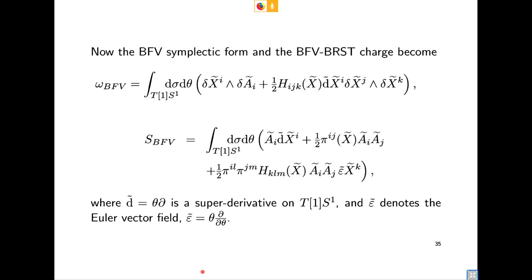Maybe the AKSZ sigma models are almost classified among all the BV formalism. So this twisted Poisson sigma model is the simplest generalization where the AKSZ procedure doesn't work.